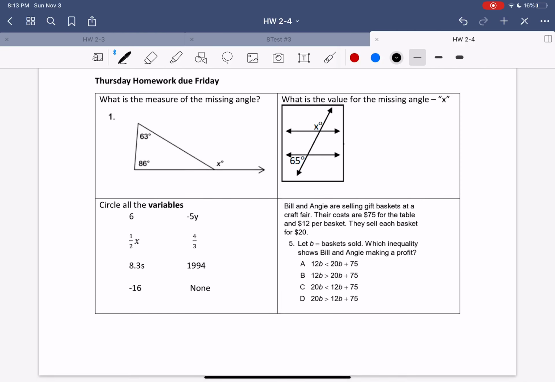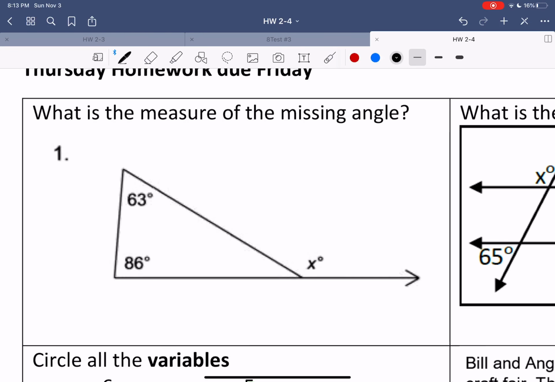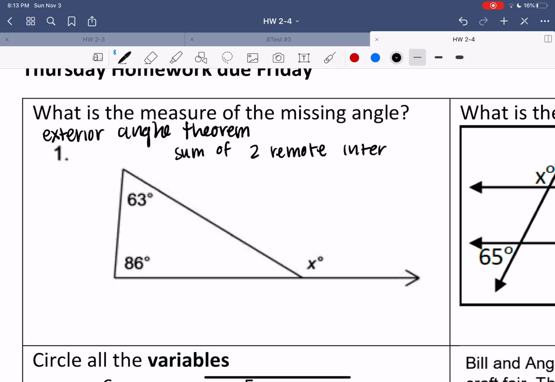All right, and our last day of homework. Again, we have our interior angles. We have 3 interior angles, and then the exterior angle theorem is the sum of 2 remote interior angles equals the exterior angle.